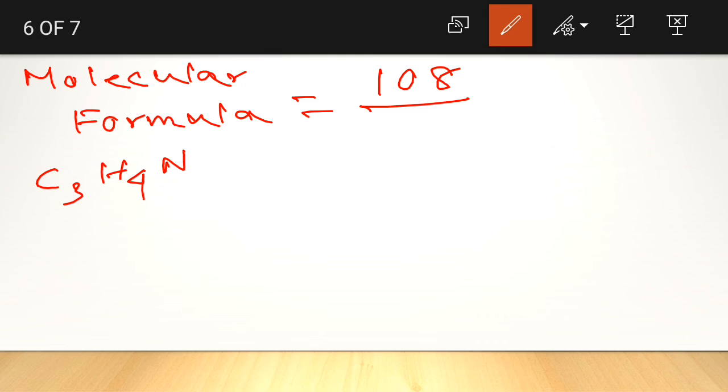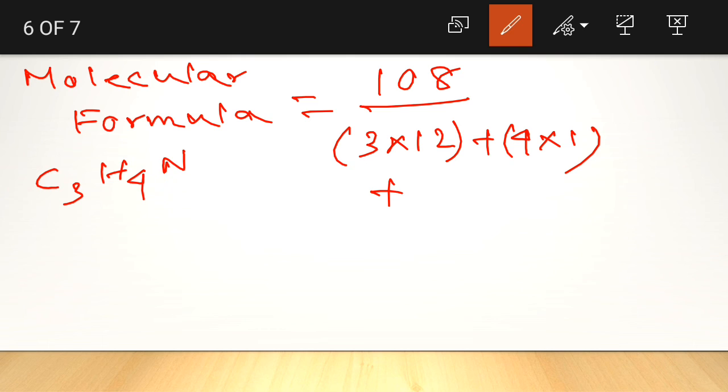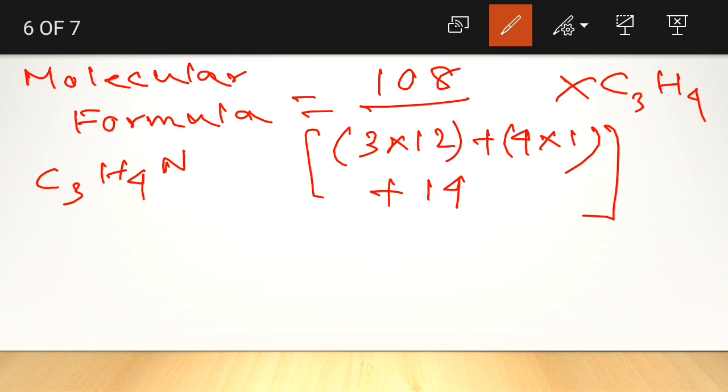Carbon has 3, so 3 into 12, plus hydrogen 4 into 1, plus nitrogen 14 into 1. So this is the empirical weight, into the empirical formula C3H4N.